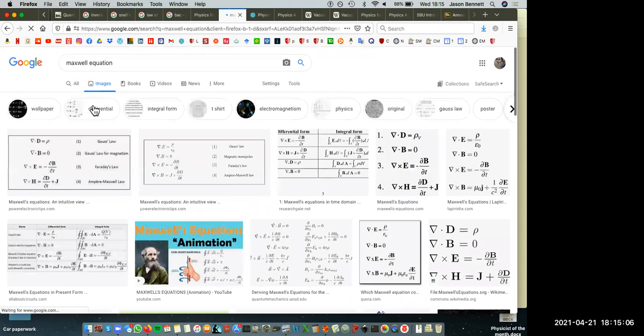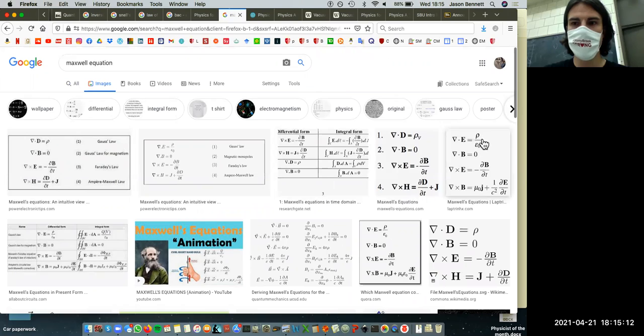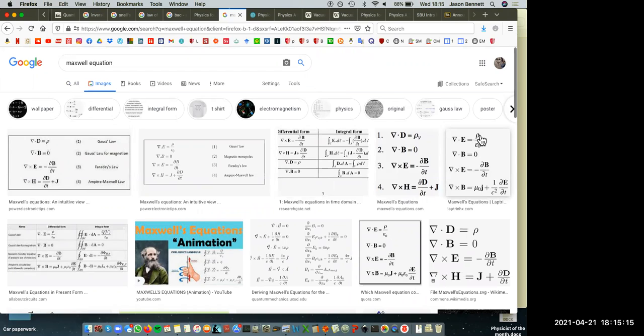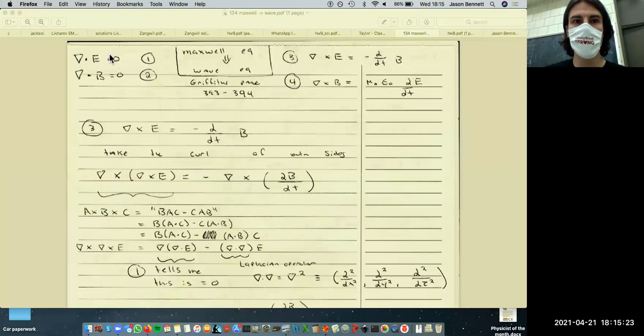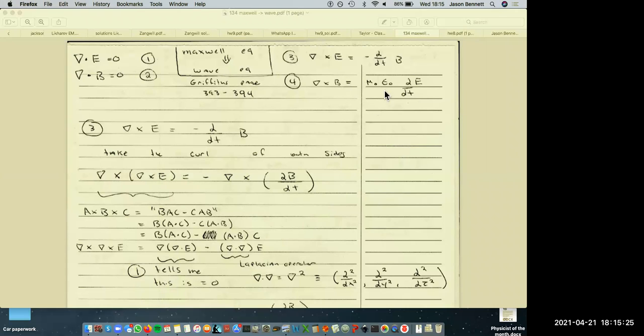For instance, if you look at the dot product of E, or D, over here, this rho is the charge in a given space, and this J is the current in a given space. However, I'm just going to look at when there are no charges and no currents.